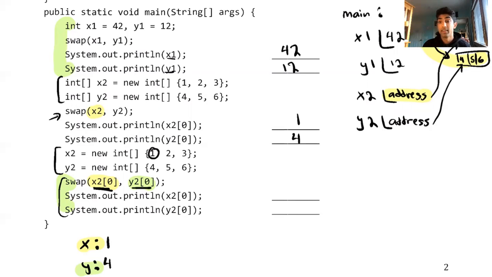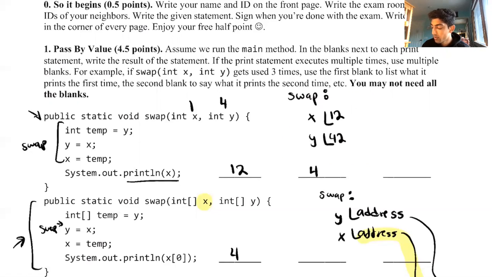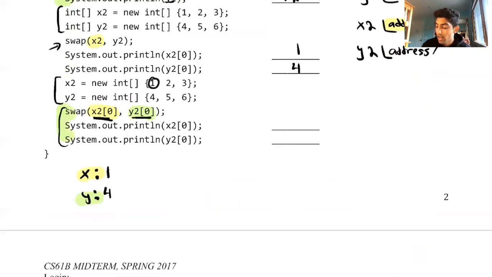It had no idea that x2 index 0, or the value 1, actually came from an array. So when we call the swap method the second time around, we have the values 1 and 4, then we swap them, and x becomes 4 when it's printed. Then down here, x2 of 0 and y2 of 0 have not changed, so we print out 1 and 4 again.